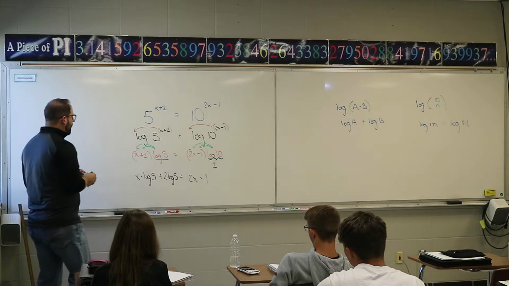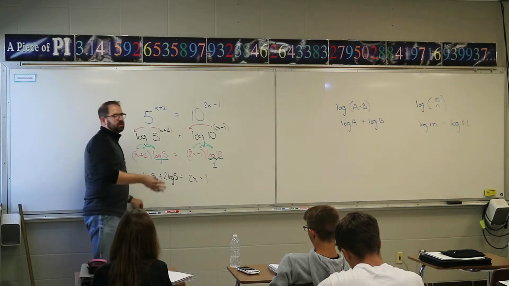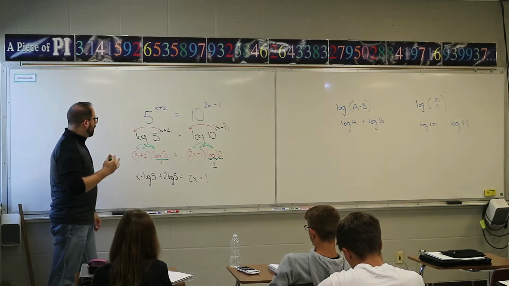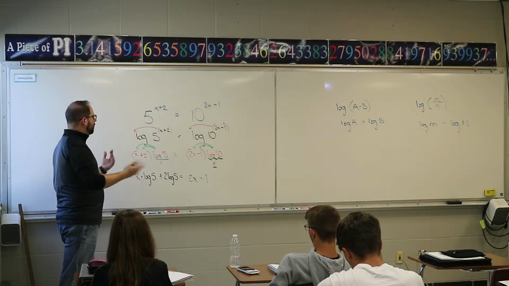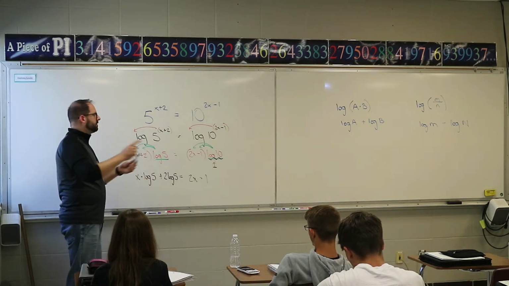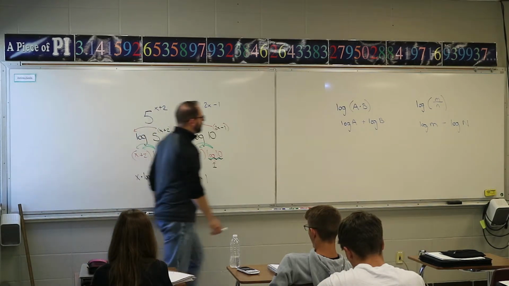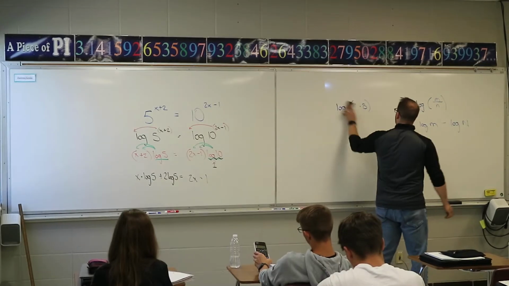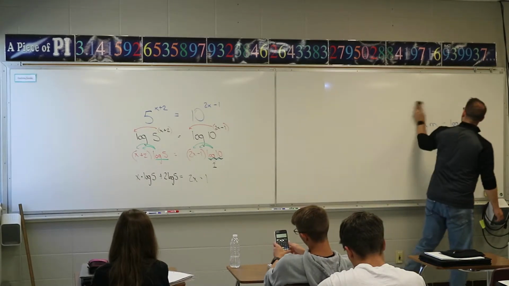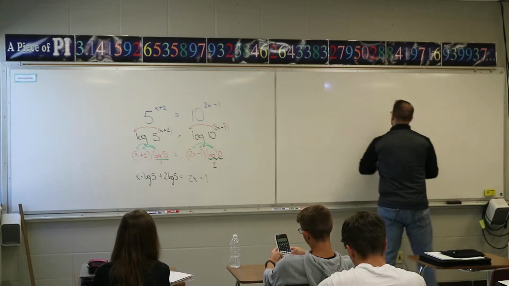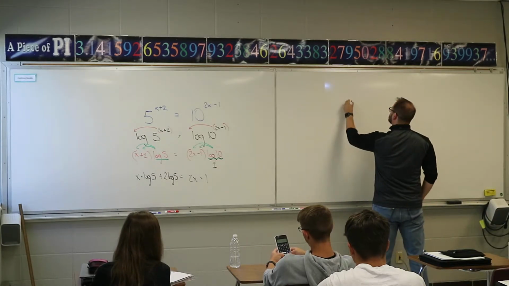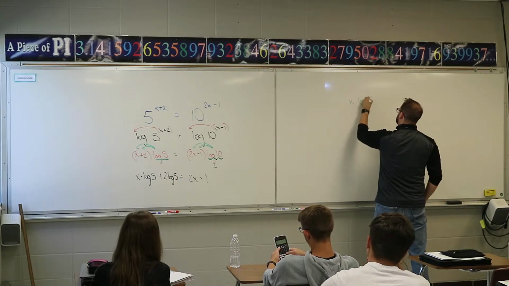Okay, so now what I'm going to do next is drag all the x's to one side. If it has an x, it's going over. So you have to add and subtract things across the equal sign. So here's where I'm at: x log 5, those are multiplied together.